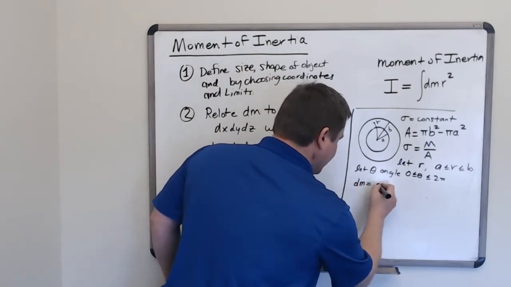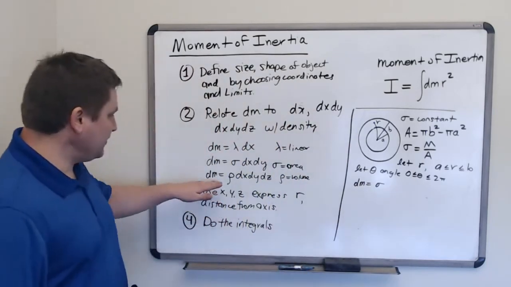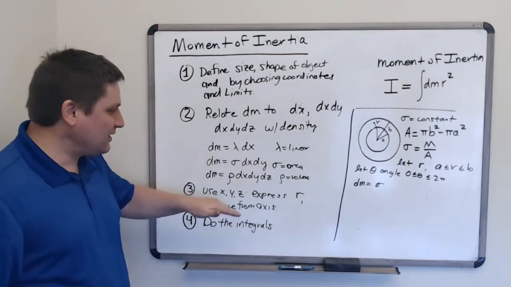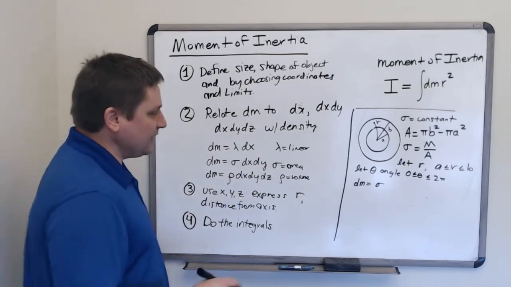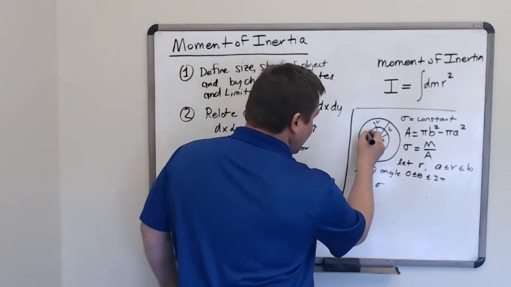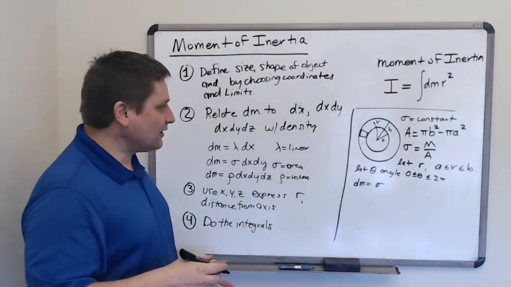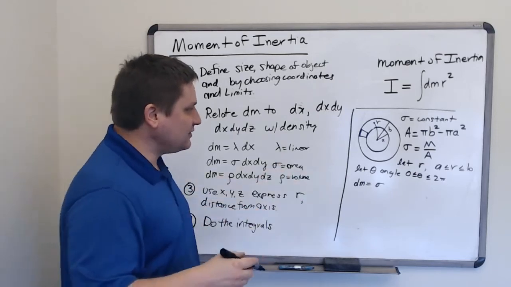So my dm will be, I'm in a two-dimensional case, so I'll be a sigma. I don't have x and y here. Instead, I have r and theta. So what I need is a way to describe a small element of volume on this circle with these two coordinates.